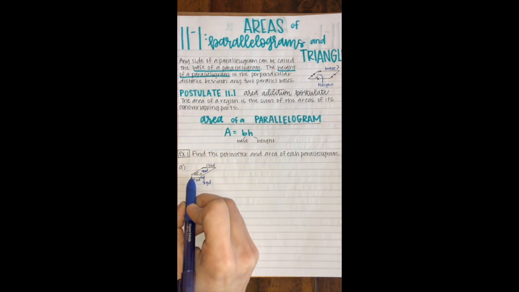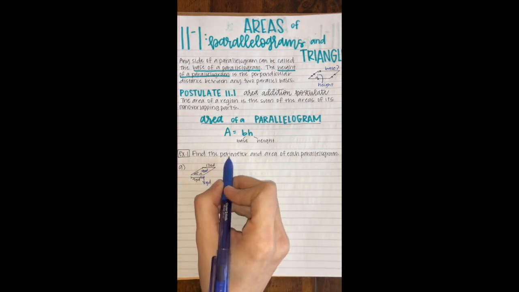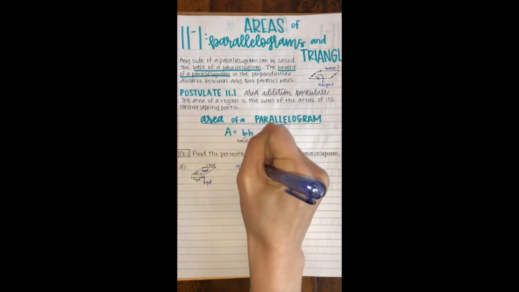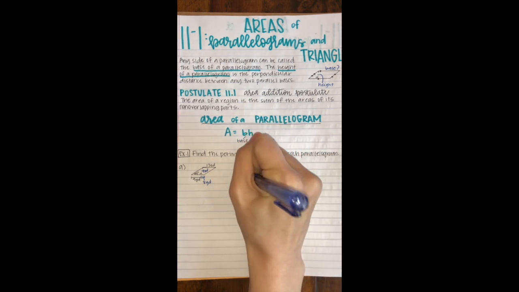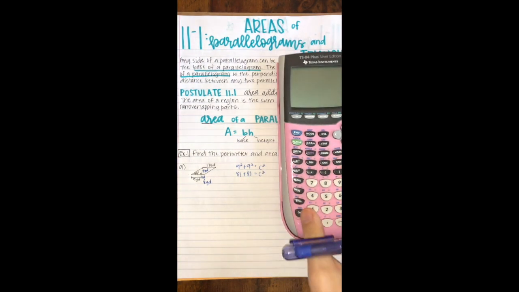And then we can use Pythagorean theorem or SOHCAHTOA, but we can use Pythagorean theorem to find the slanted side. And we need the slanted side to find the perimeter. So we would do 9 squared plus 9 squared equals c squared. 9 squared is 81. 81 plus 81 is 162.